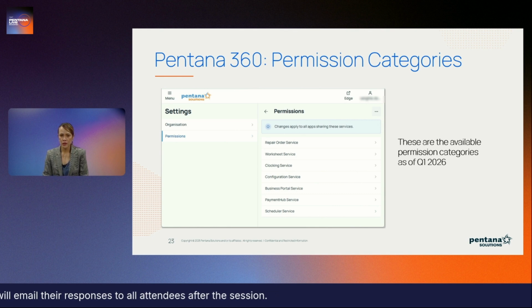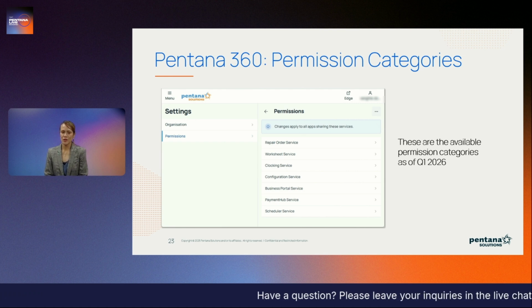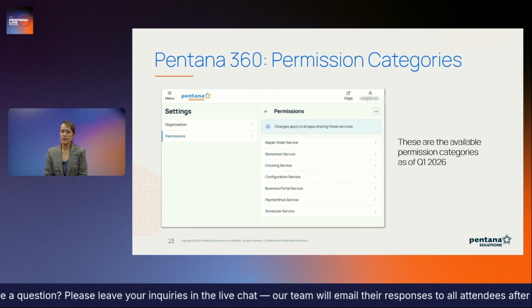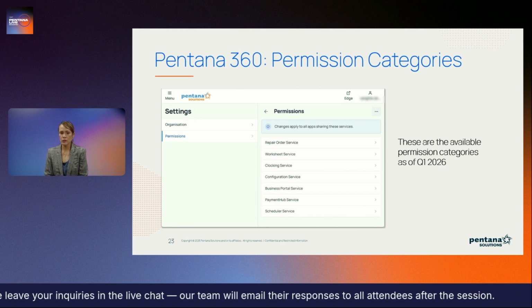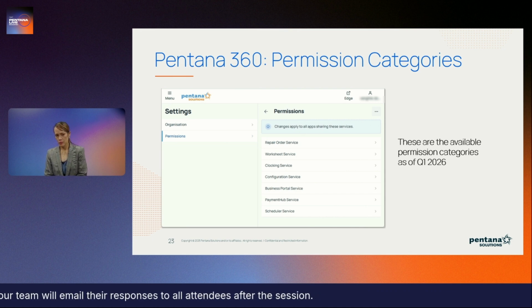Where needed, you can fine-tune individual permissions for a specific user while still basing them on a standard profile. This layer is what gives Pentana 360 the flexibility to match your operational roles quite precisely while still keeping the setup manageable.